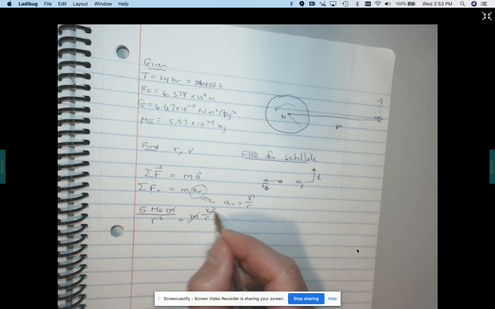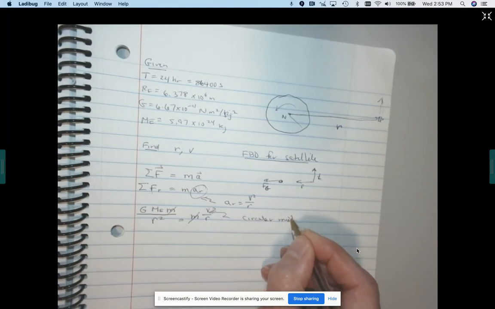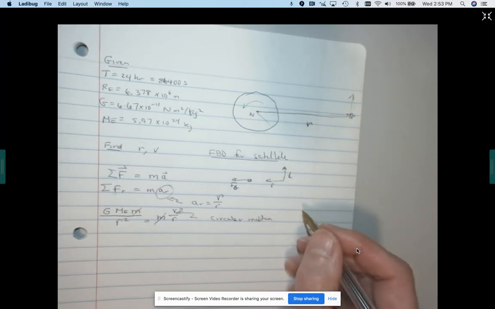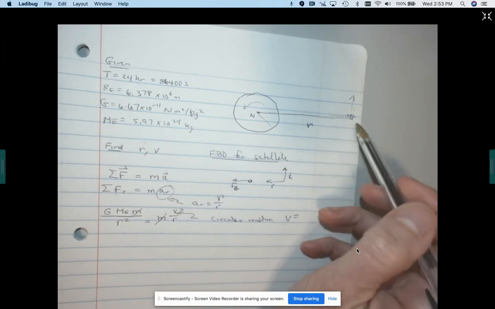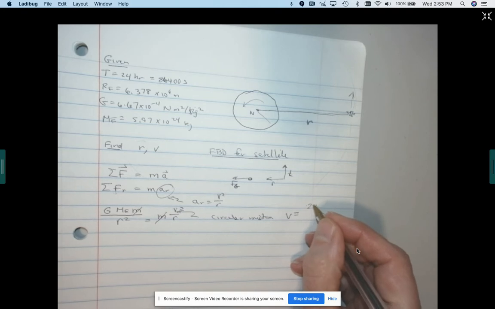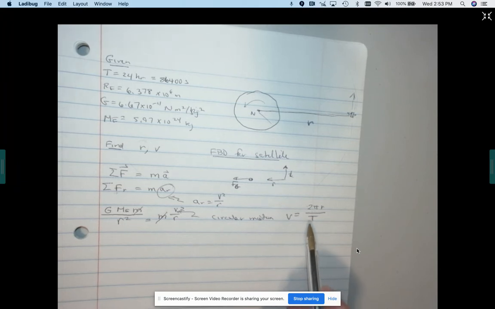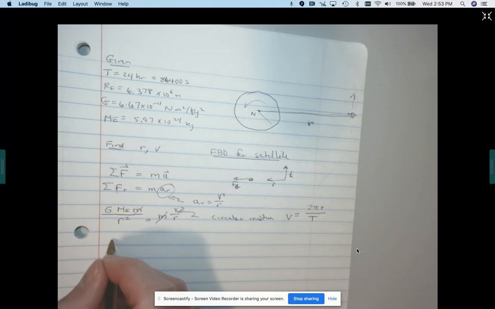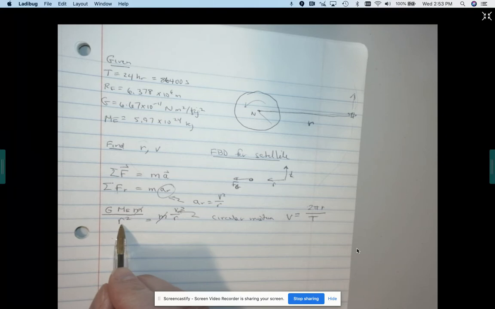So remember, for circular motion, we have this relationship we want to keep in our back pocket: our speed is a distance of travel. That's going to be 1 circumference, 2 pi r, divided by the period. The period, by definition, is how long it takes to go around once. So that's always an expression we can use for our speed. Then, before we go on, we have 1 over r on both sides.